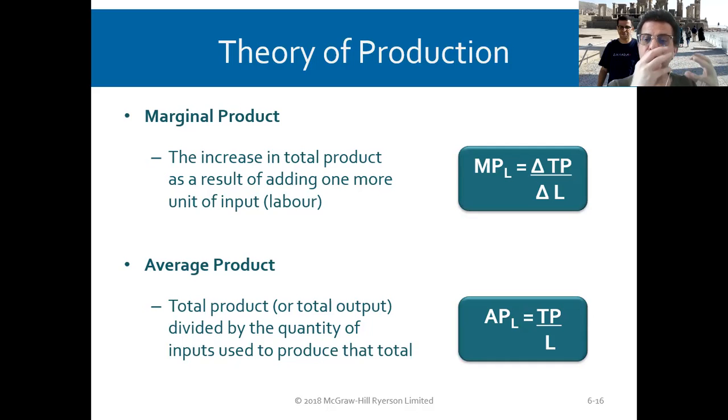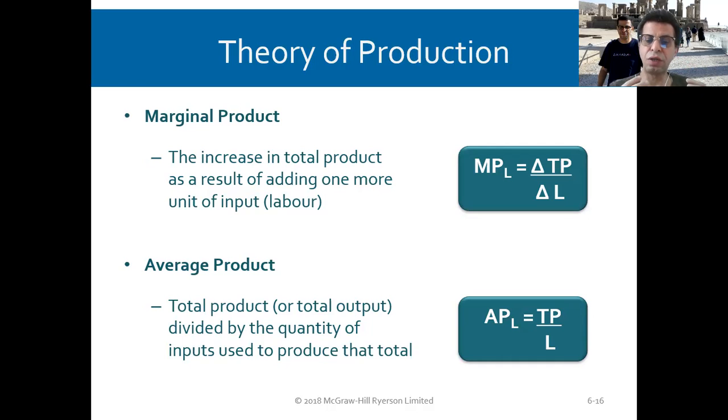So the increase of product as a result of adding one more unit of input. The marginal product is equal to the change in the total product over the change in the labor. If you have one more, it's going to take you half an hour, but if there are only two people, it's going to take you 1 hour. If you add one more, it takes you half an hour, for example.